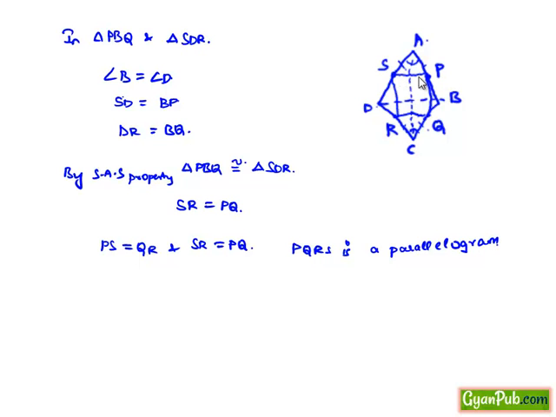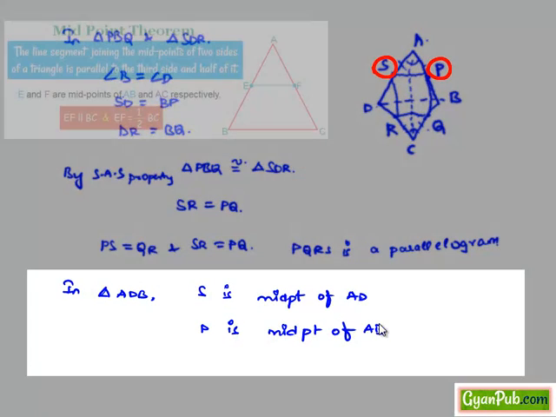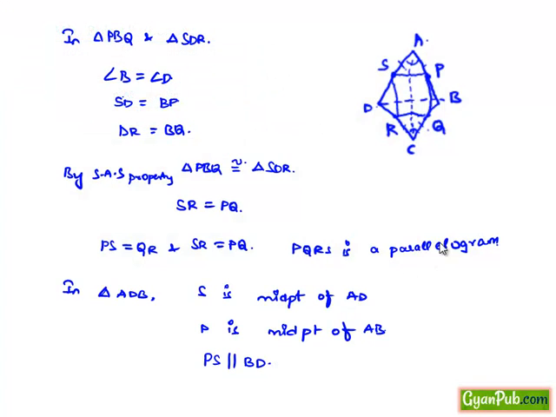Now if we consider triangle ADB, S is midpoint of AD and P is midpoint of AB. Thereby by midpoint theorem we can say that PS is parallel to BD.